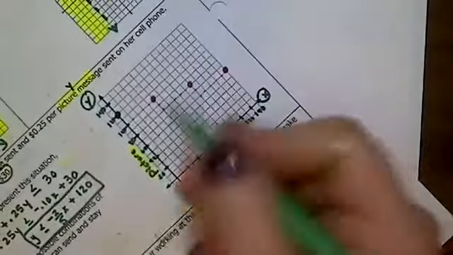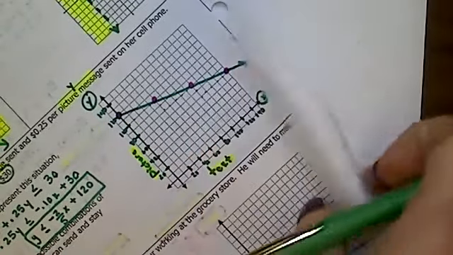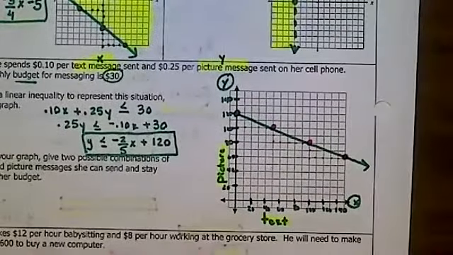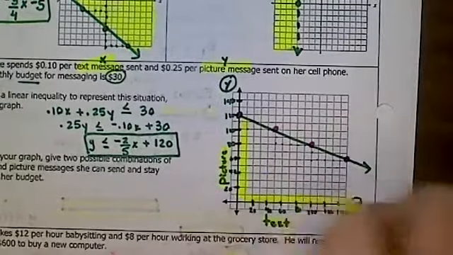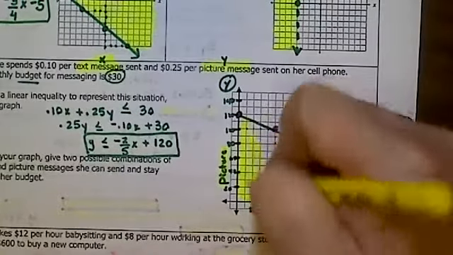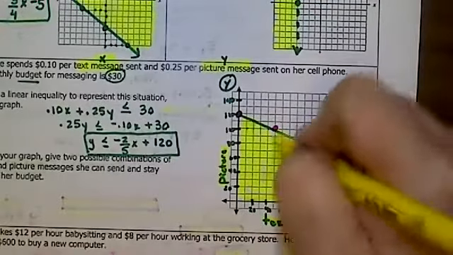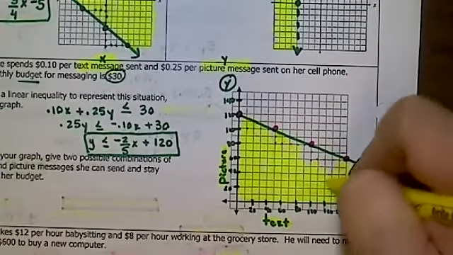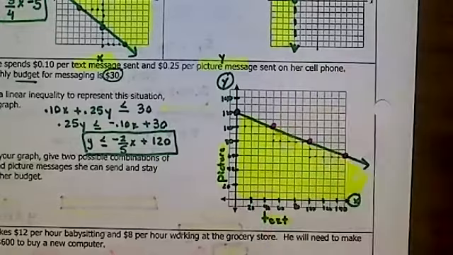I'm going to connect those. And for less than, we're going to color below. So anything in this area is going to help us answer our question because we want to keep her bill $30 or less.